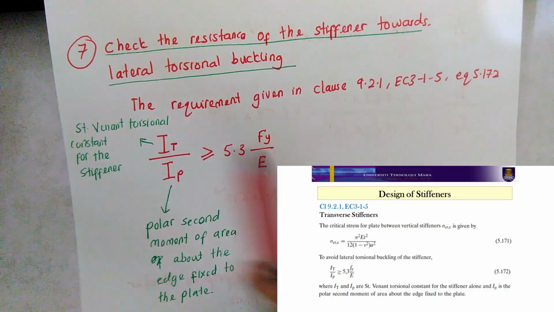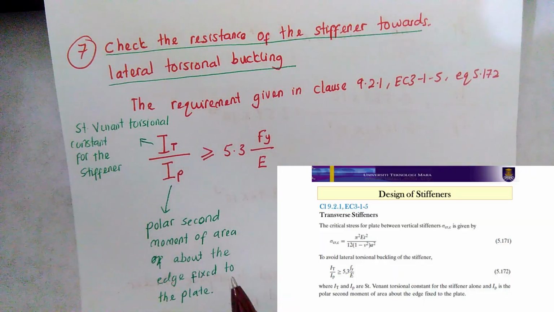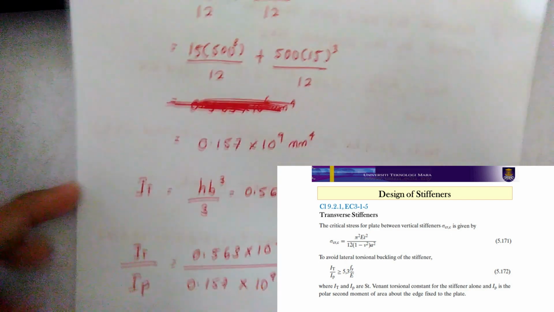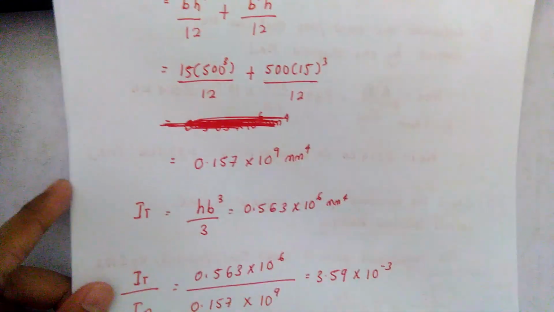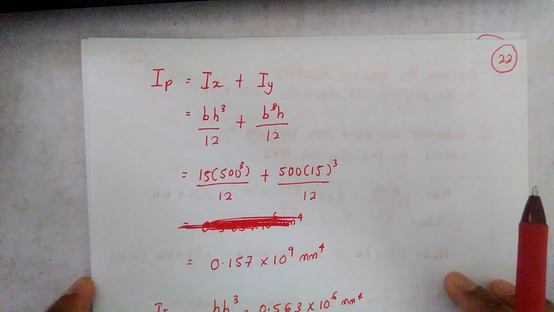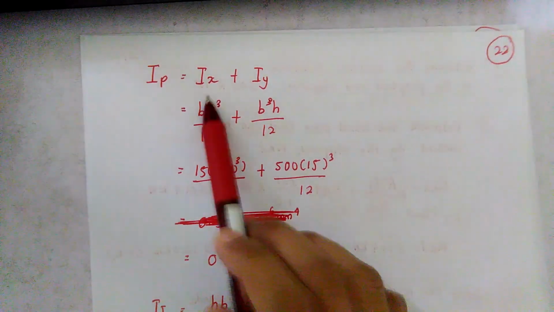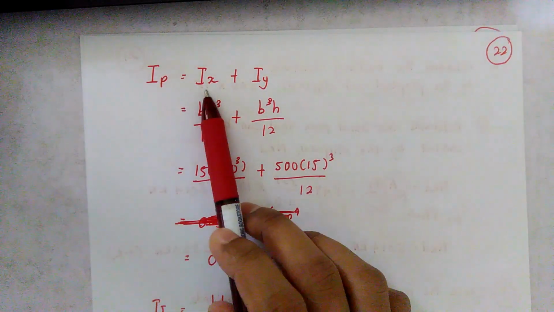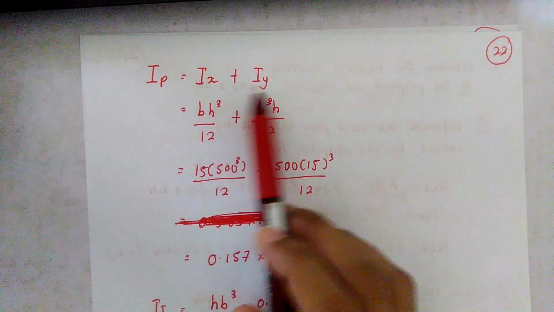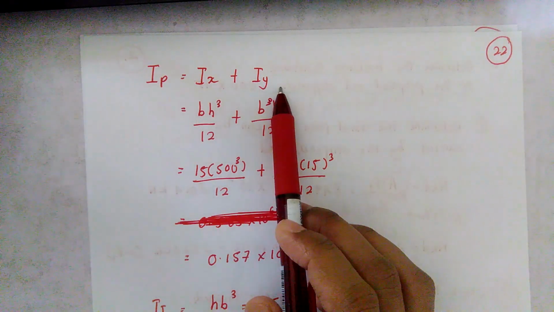Let me show you the slide which indicates this. So here are the slides that indicate those equations. What is IP? IP is equivalent to the second moment of area about the x-axis plus the second moment of area about the y-axis.